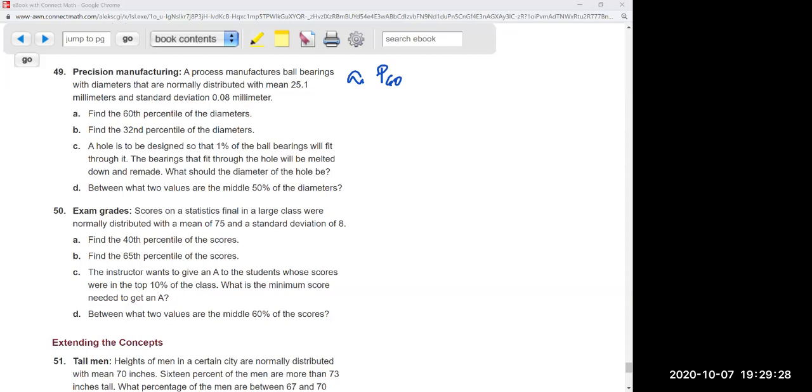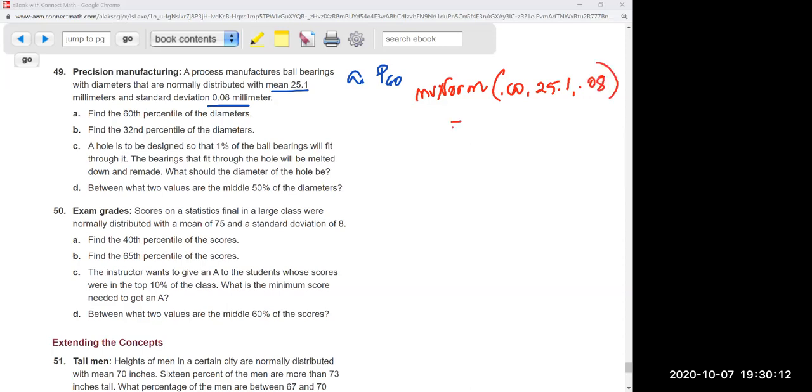So remember percentile, you learned this from chapter 3. So meaning 60th, meaning that is 60%. So you have the standard deviation and the mean given the area. What do we need to use here? Inverse norm. So meaning the area to its left, that's already the area to its left is 0.60. Then 25.1, which is the mean, and the standard deviation of 0.08.